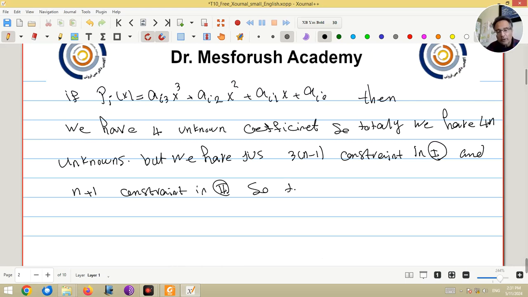So totally we have 3n minus 3 plus n plus 1, so it is 4n minus 2 constraints.